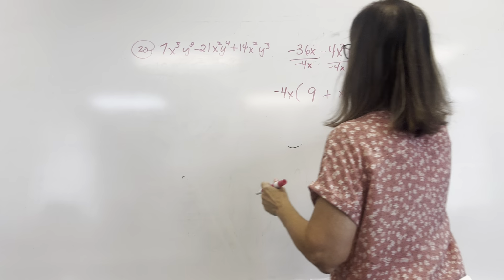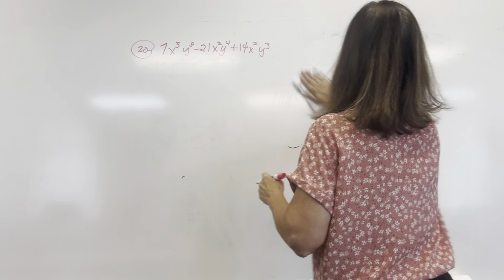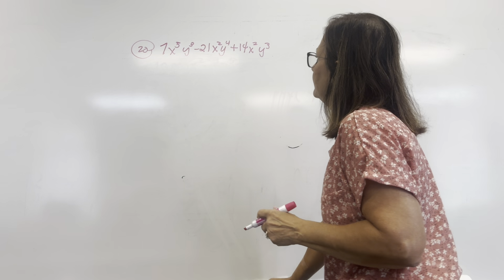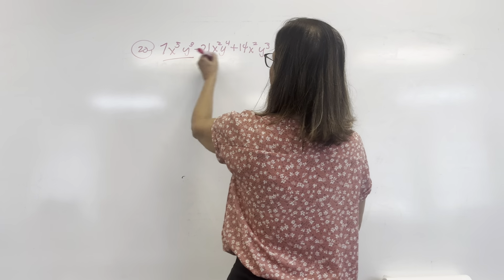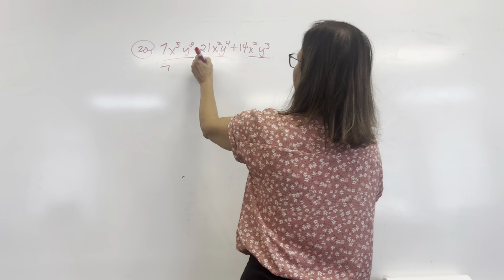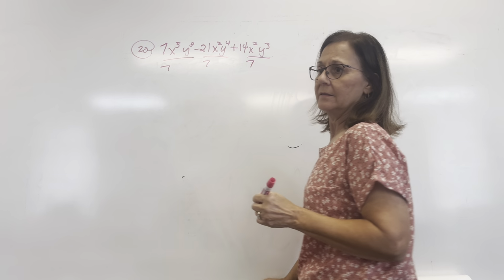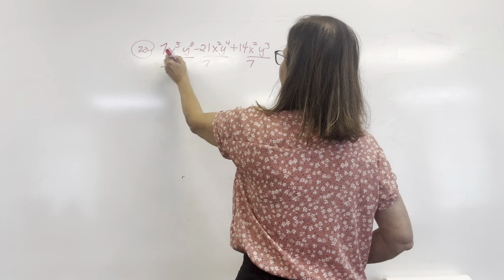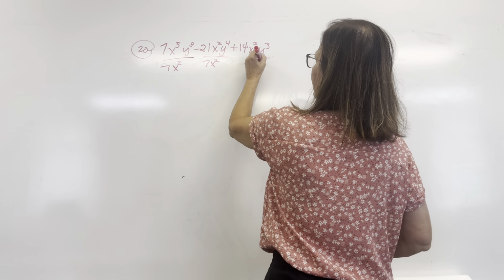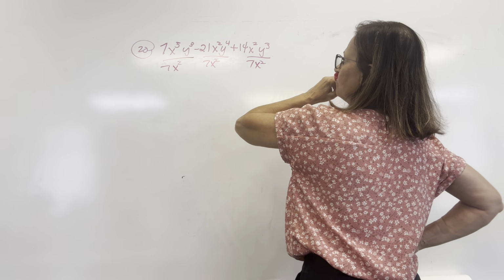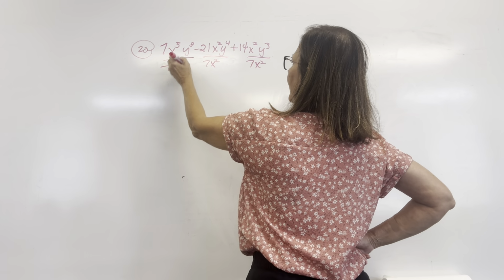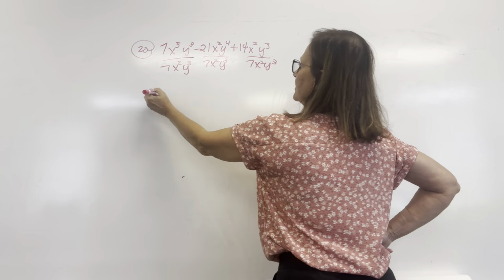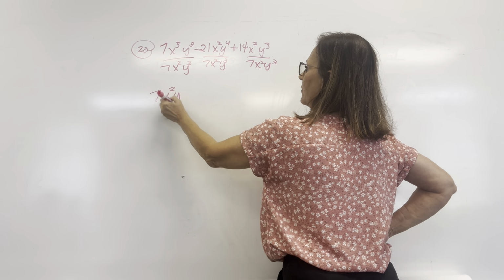What can be factored out of every term? 7 and x squared and y cubed. Yes, goodness, I didn't do a very good job of writing that, did I? All right, so we have 7x squared y cubed.